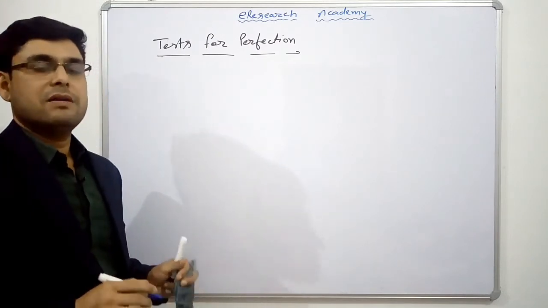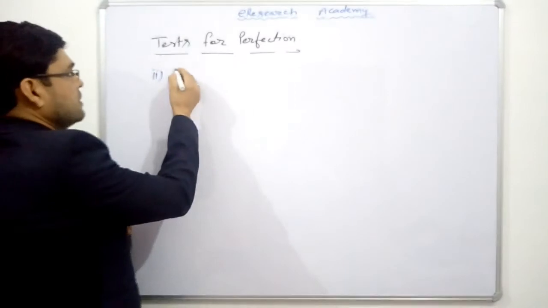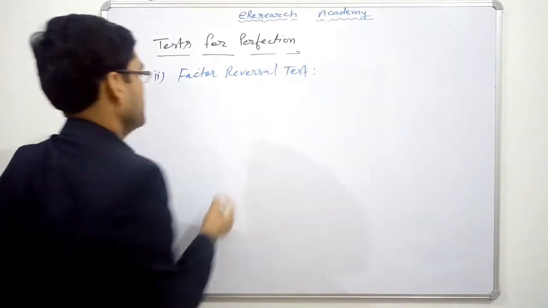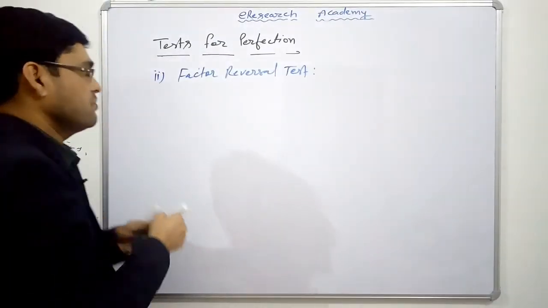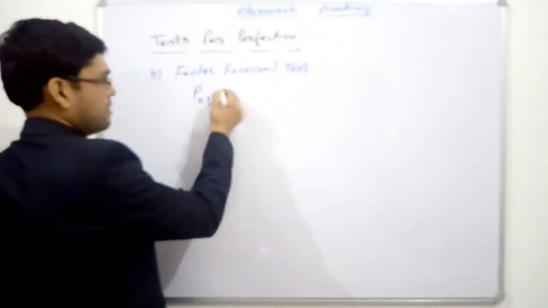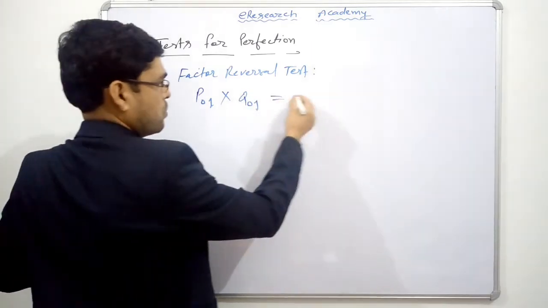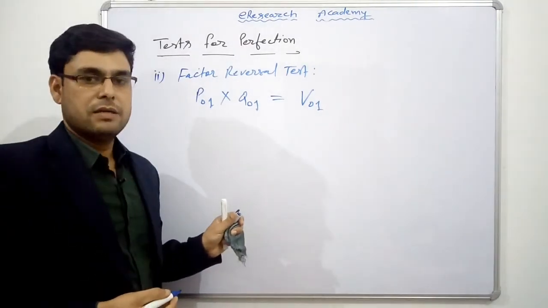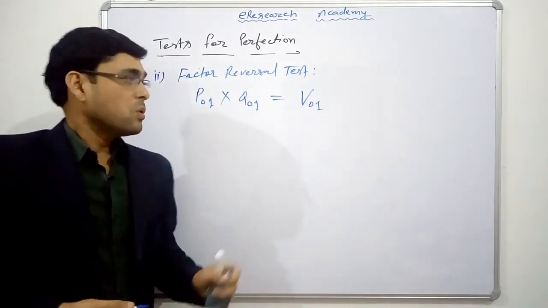So the factor reversal test is satisfied when P01 into Q01 is equal to the value index number for year 1 on the basis of base year 0.